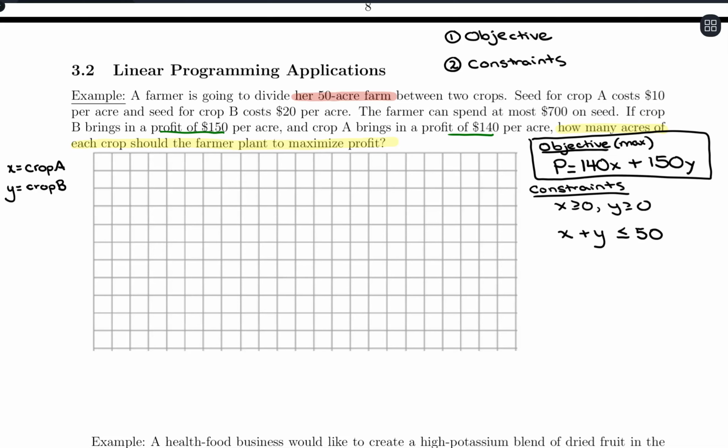Seed for crop A costs $10 and crop B costs $20, so 10 times X plus 20 times Y gets at our cost. And the farmer can spend at most $700, so that needs to be less than or equal to $700. And then that's all of our information.